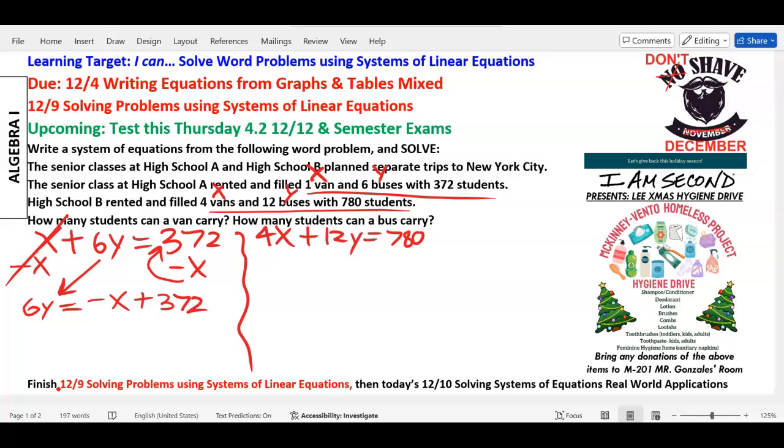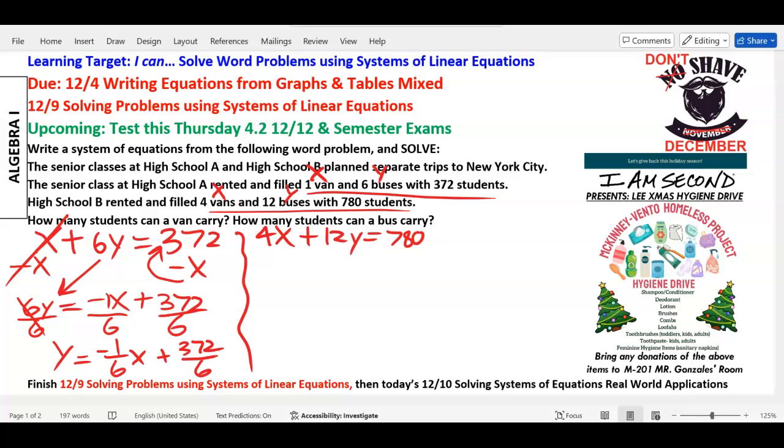Remember, opposite x, put it in order. And now, last step, if there's a coefficient, which there is, that's 6, everything gets divided by that. So divide by 6, divide by 6, divide by 6. So now I have y equals, please remember, negative x means negative 1x, right? If there's no number, there's a 1. So negative 1 over 6x plus 372 over 6.